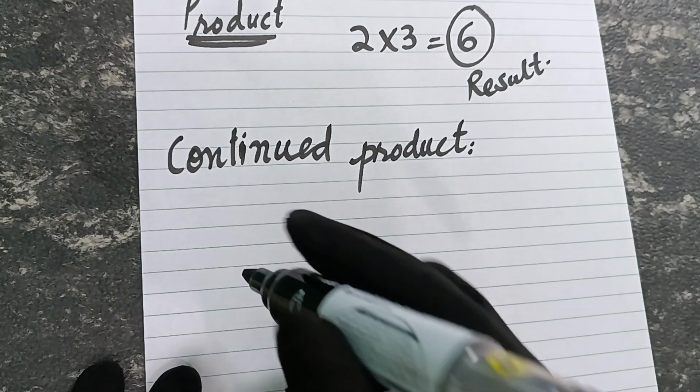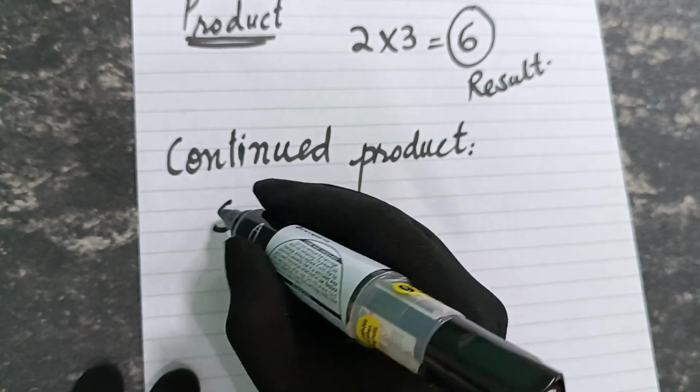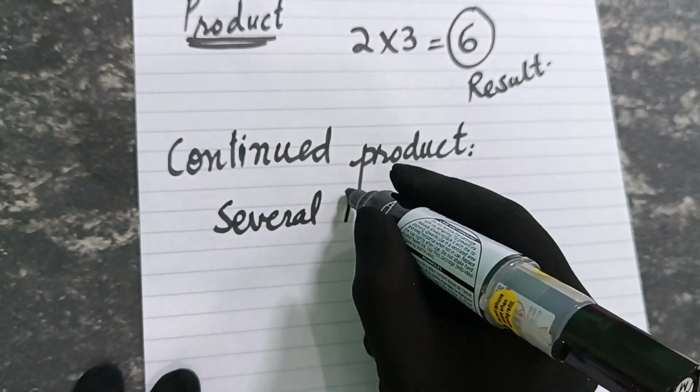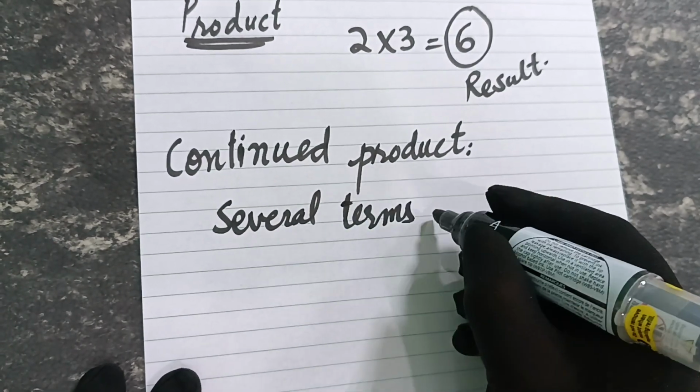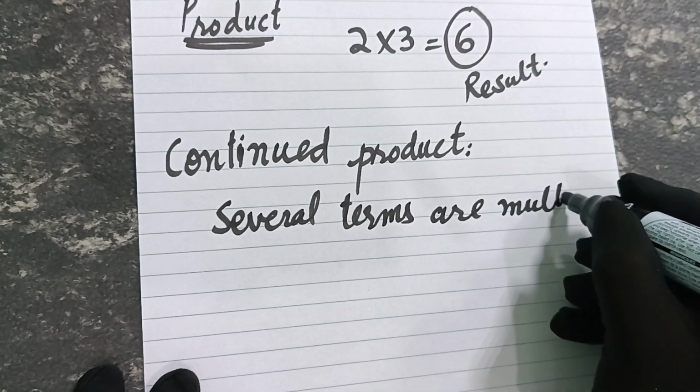Continued product means when several terms are multiplied together.